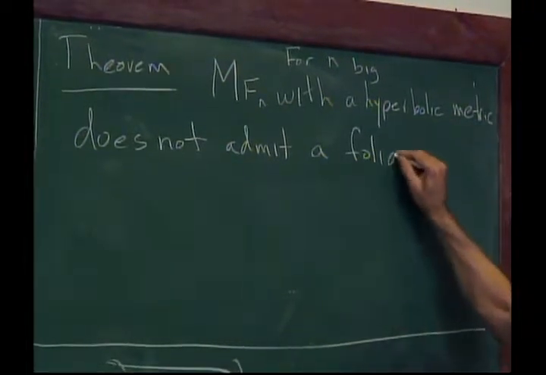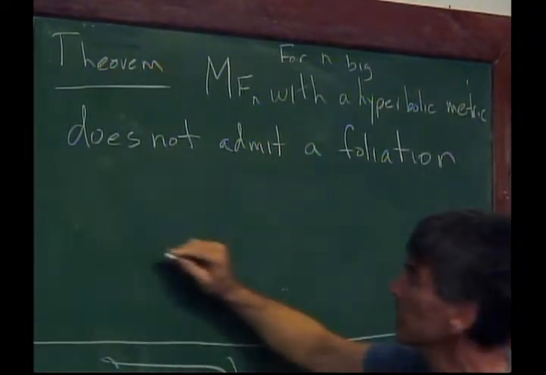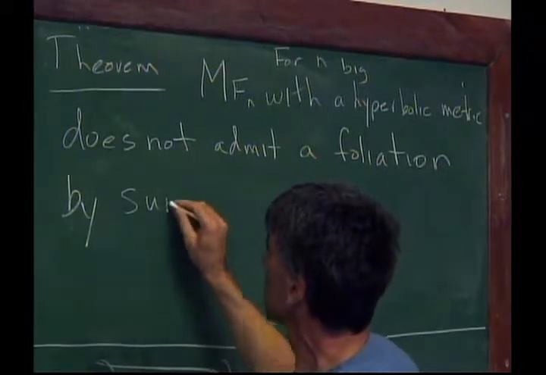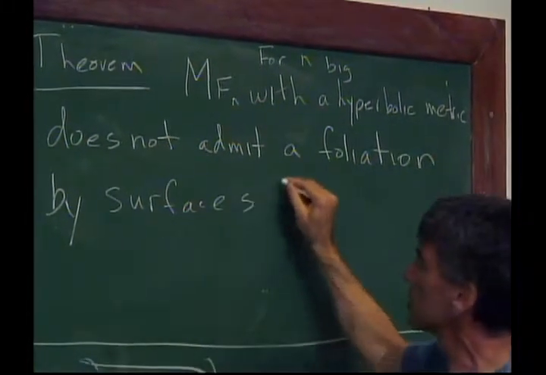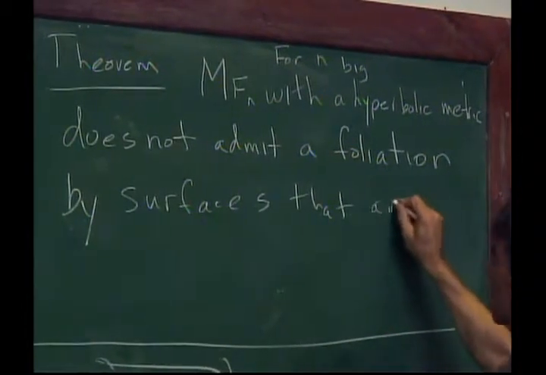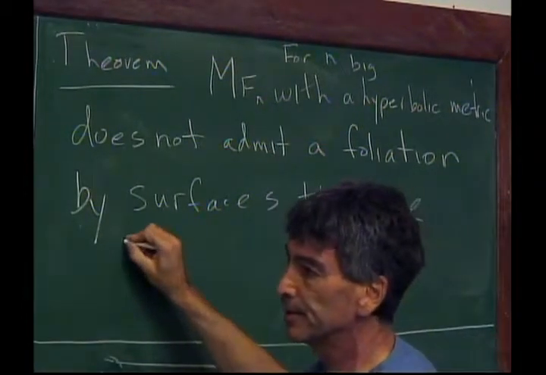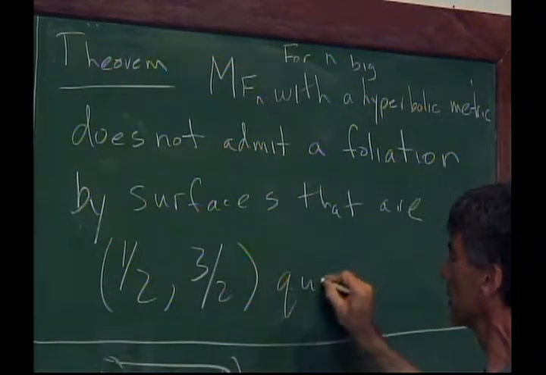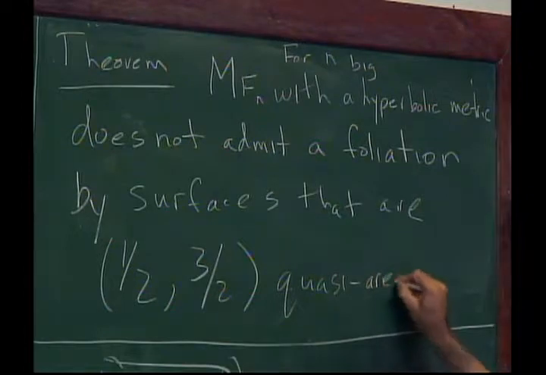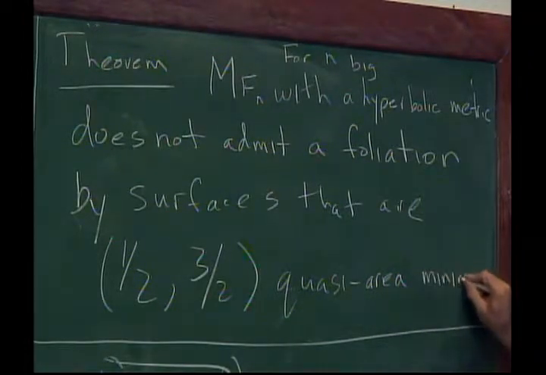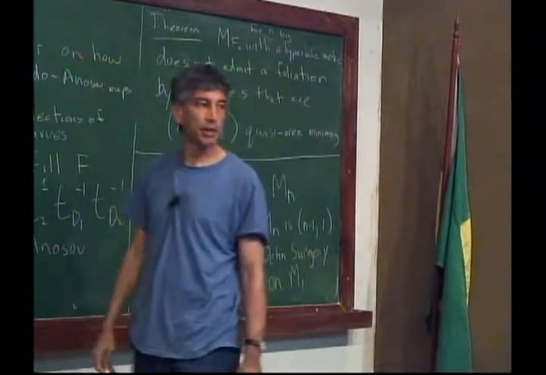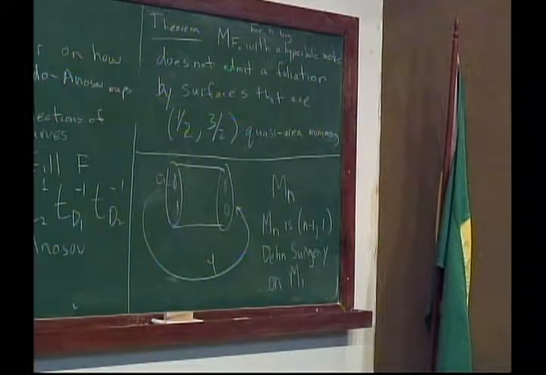It doesn't have to be a fibration, but a fibration would be one example, by surfaces that are one half, 3/2 quasi-area minimizing. So even if you perturb quite a bit, you can't get a fibration by surfaces that are roughly minimal.